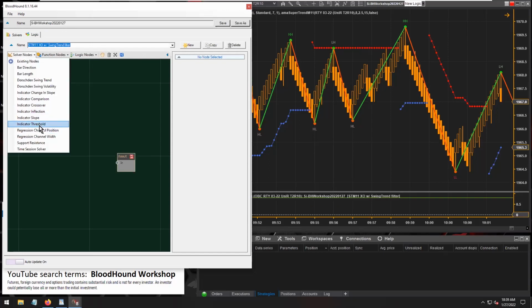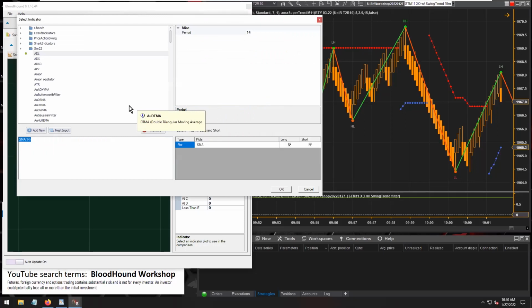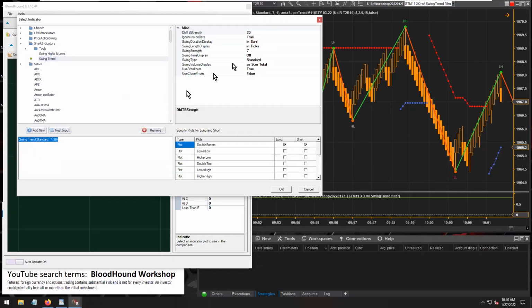Let me grab another threshold solver. With this threshold solver, we're going to be identifying the higher highs and lower lows. So let's plug in the swing trend indicator. There we go, swing trend. We know now that the double bottom, double top strength is set to a minimum of 1, and we're going to leave everything else the same.